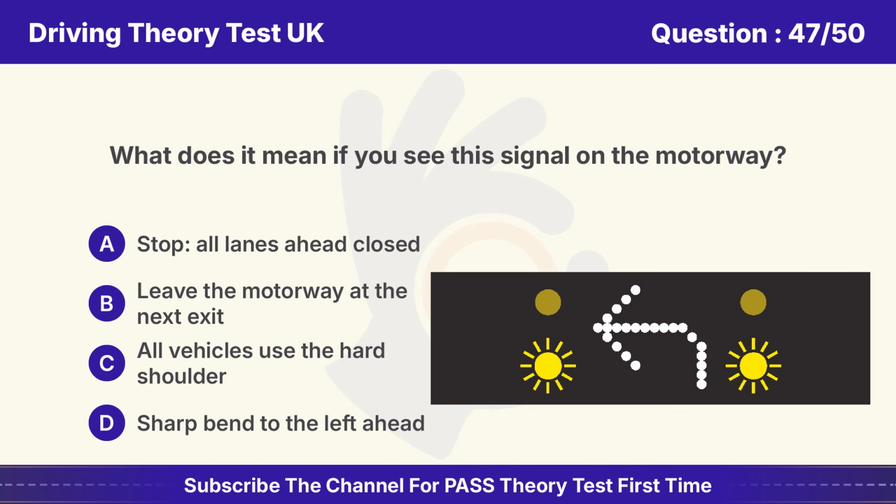Question 47. What does it mean if you see this signal on the motorway? Option A. Stop, all lanes ahead closed. B. Leave the motorway at the next exit. C. All vehicles use the hard shoulder. D. Sharp bend to the left ahead.